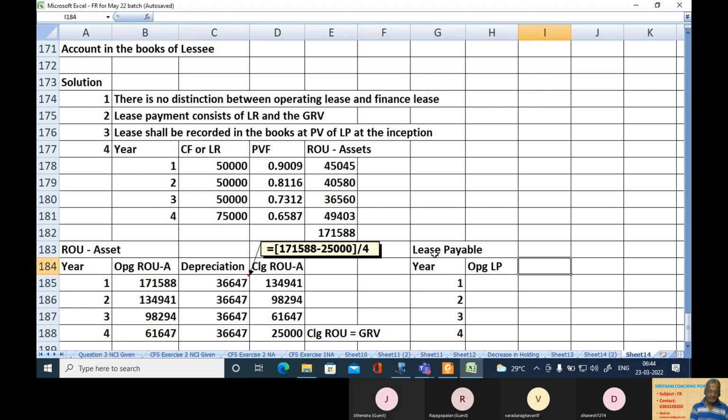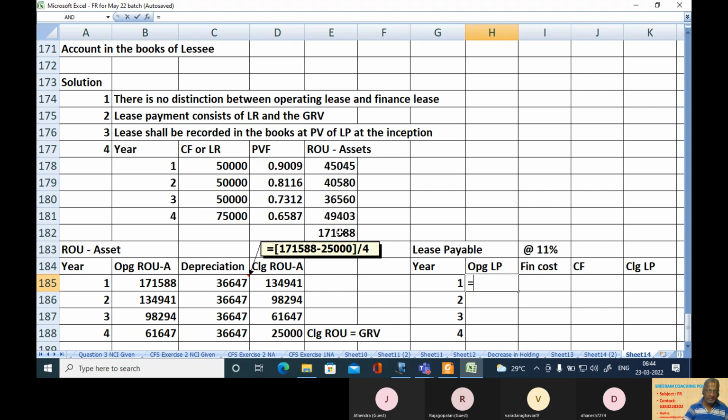Opening lease payable, finance cost at the rate of 11%. Cash flow, this is to be taken up as closing lease payable.